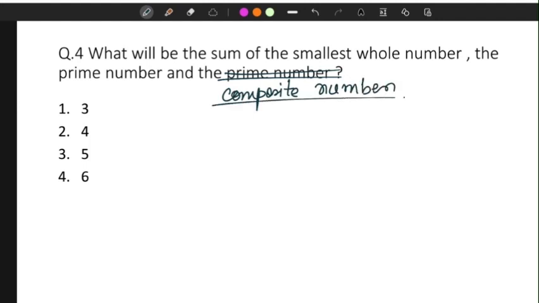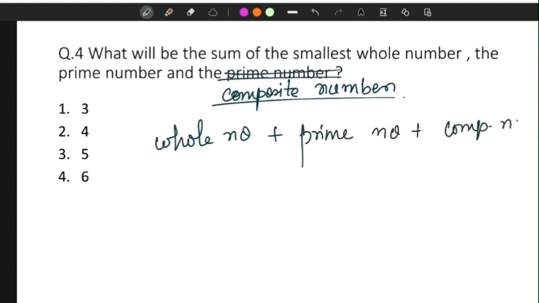Now we have to find the summation of the smallest whole number, the smallest prime number, and the smallest composite number. So what is the smallest whole number? We have already studied in our previous classes that whole number starts from 0, natural number starts from 1. So the smallest whole number is 0.